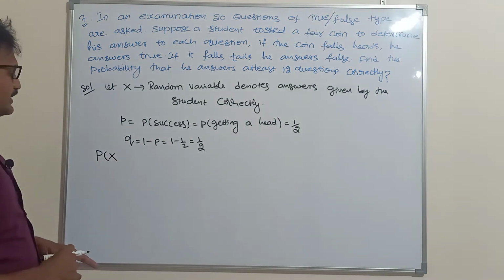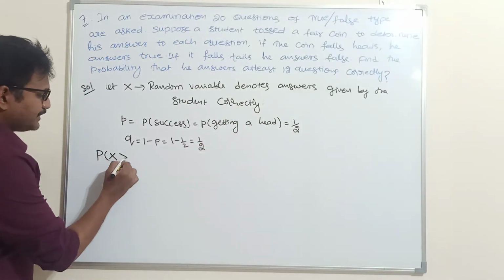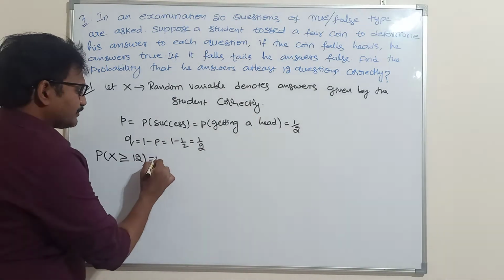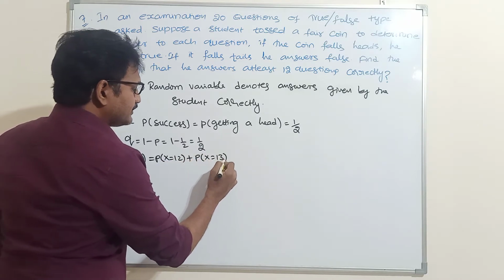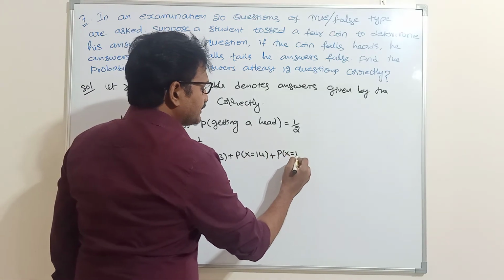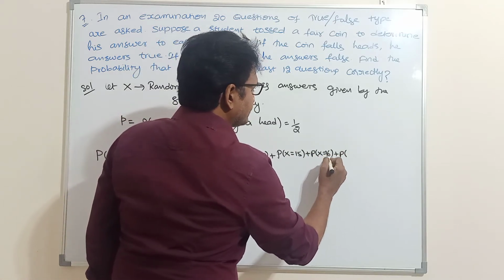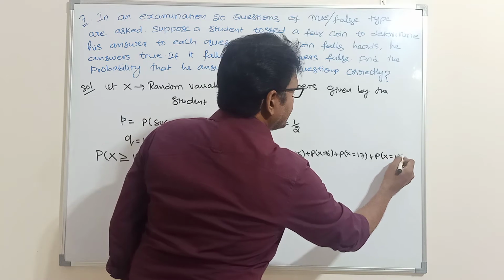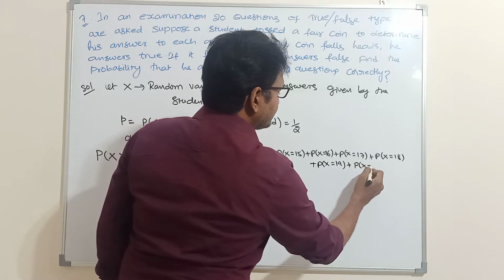At least 12 questions. What does X denote here? Answers given correctly by the student. At least means minimum 12, that means greater than or equal to 12. So greater than or equal to 12 means P of X equal to 12 plus P of X equal to 13 plus P of X equal to 14 plus up to P of X equal to 20.